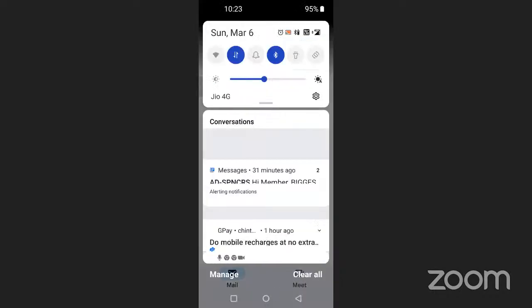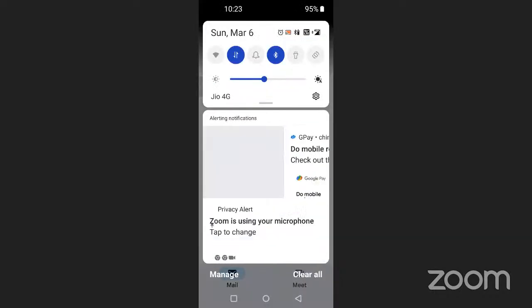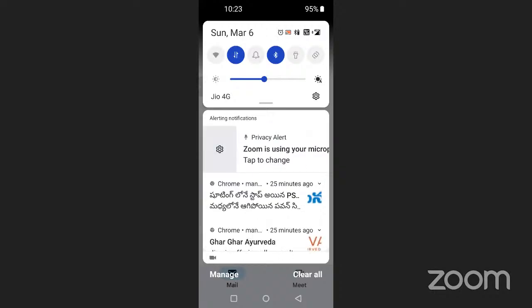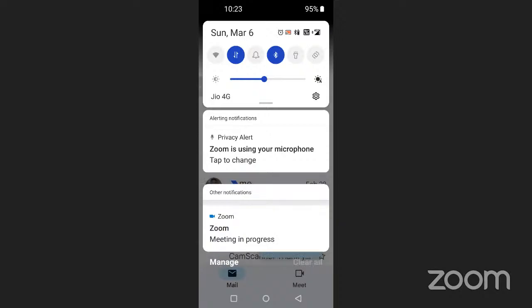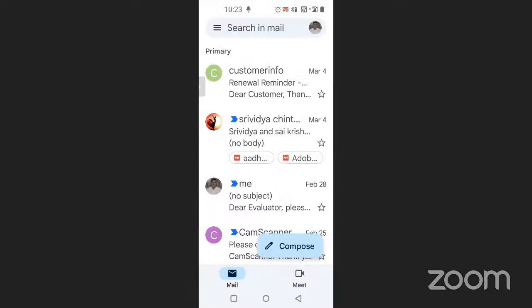Sir, please send me important notes on WhatsApp, sir. Important notes, nothing but we are having the textbook. We can follow the textbook simply. After completion of each unit, we are having questions there. Just now I read the questions. Those are the important questions.